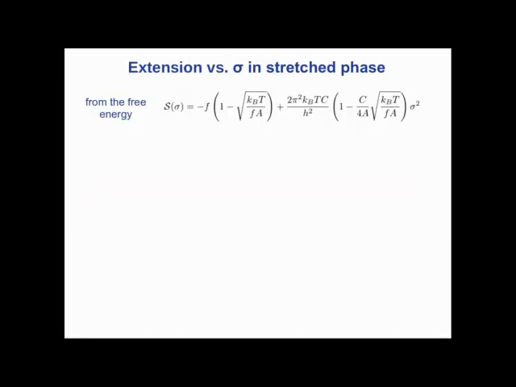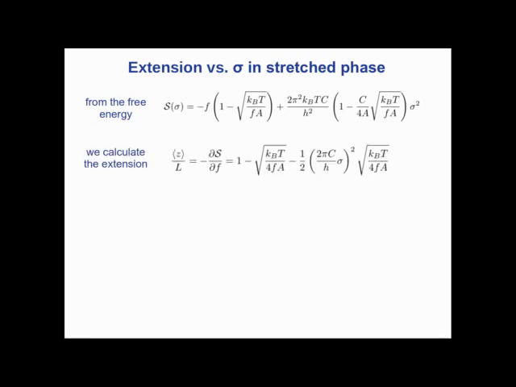If I have the free energy, I take the derivative with respect to the force and I get the extension. So this is a simple calculation. I see straight away what comes out of here. When I differentiate with respect to f, I get 1. When I differentiate with respect to f here, I have this f times this 1 over square root. It's a square root factor.